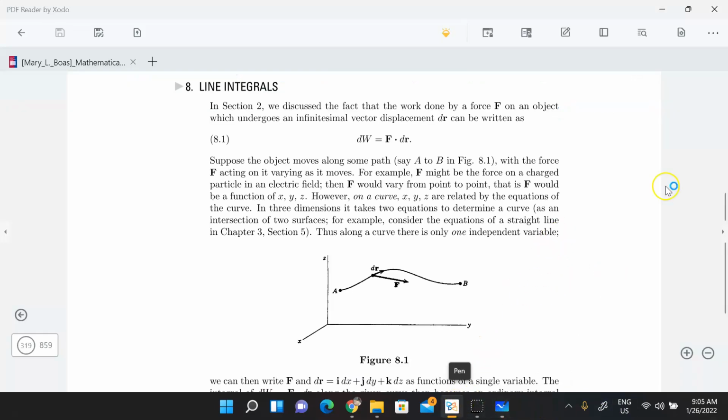Okay. So we have seen previously the idea of work done, for example, is given by, say, a force taking the scalar product with a particular displacement.